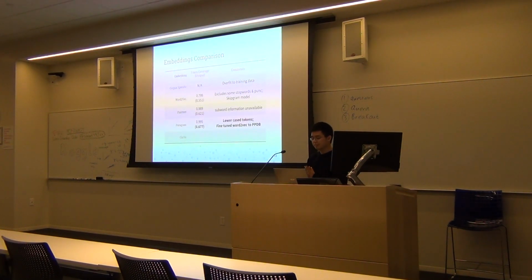And there's Paragram. From what I understood, the Paragram vectors came from fine-tuning Word2Vec vectors using a paraphrase database that was filled with pairs of similar phrases. I thought it performed fairly well, but one thing to note when you're using it is that it takes all lowercase tokens, so you need to pre-process the text more.